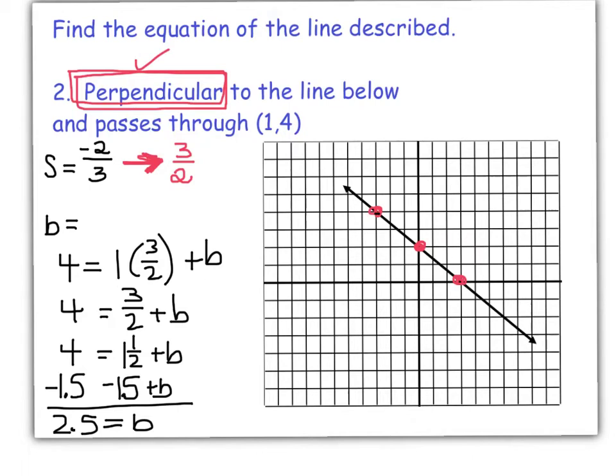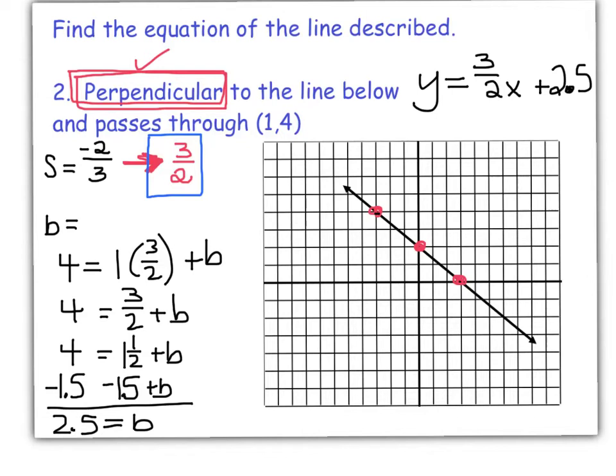So our new equation uses the new slope and our new b. So the new equation is y equals 3/2x plus 2.5. So now let's graph it.